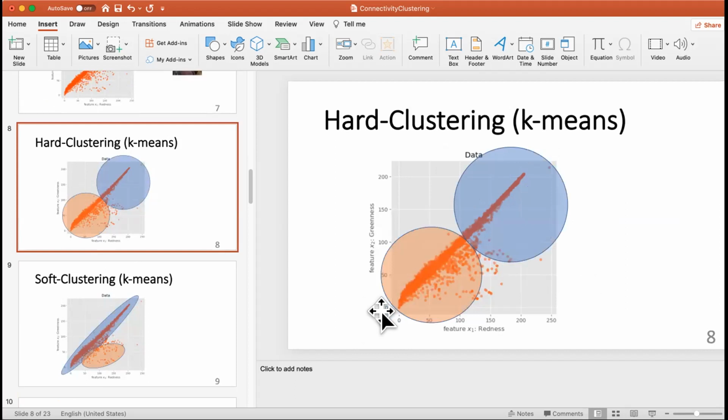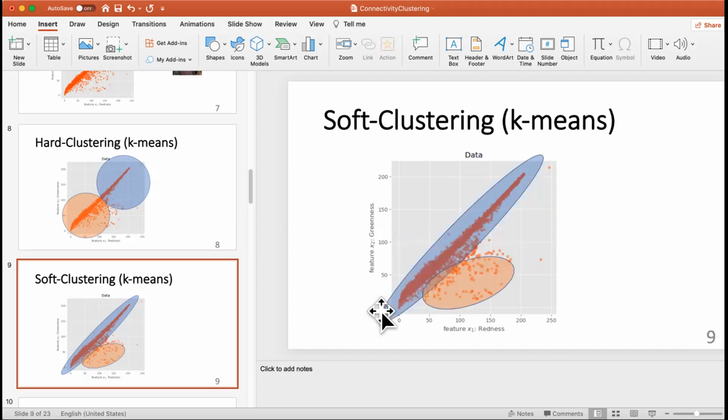K-means only can deliver symmetric or isotropic ellipsoids. I don't know if that's the right word. So these are symmetric ellipsoids or balls. Whereas soft clustering delivers clusters which can be stretched in some dimensions.